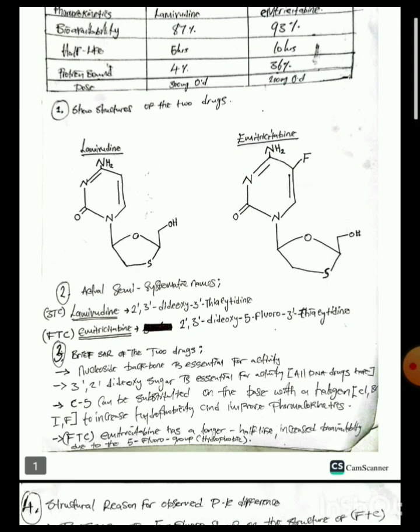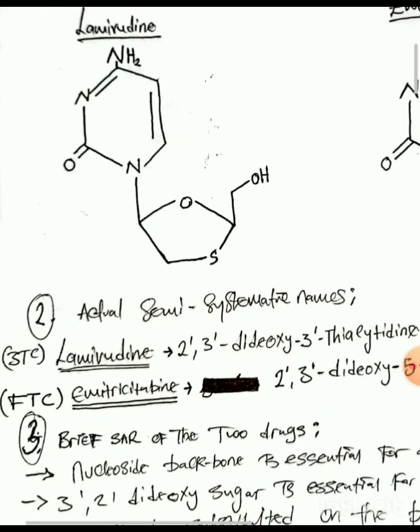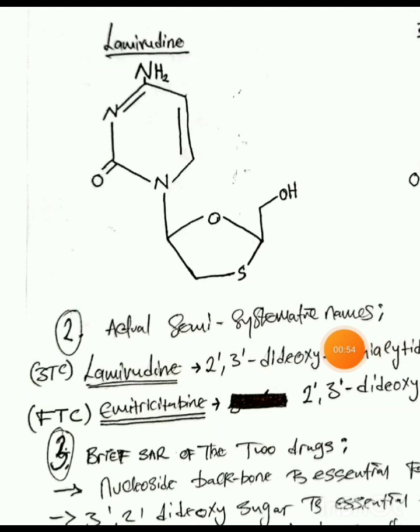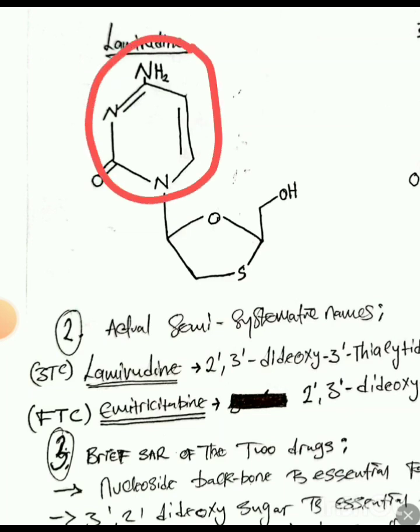So for the first drug, lamivudine, we draw it first by showing the base. So this right here, that base is what we draw first. This base here is cytosine.